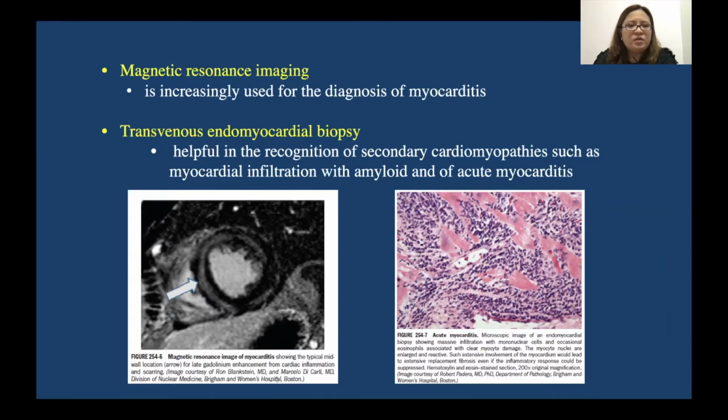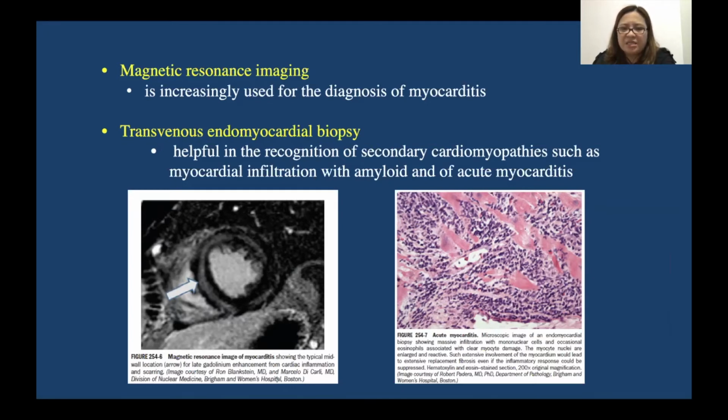While transvenous endomyocardial biopsy is helpful in the recognition of secondary cardiomyopathies, such as myocardial infiltration of amyloid and of acute myocarditis. The picture below, on your left, is a histopathology of an endomyocardial biopsy of a patient with acute myocarditis.